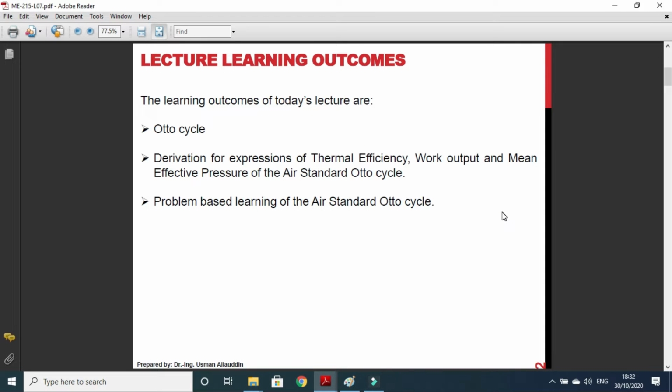These are the three derivations: thermal efficiency, work output, and mean effective pressure. We may ask one of these derivations in the midterm or in the assignment or in the quizzes or in the final exams. Then there is the problem solving, that is the numericals. They may also come in the final paper or in the other examination modes of our course.